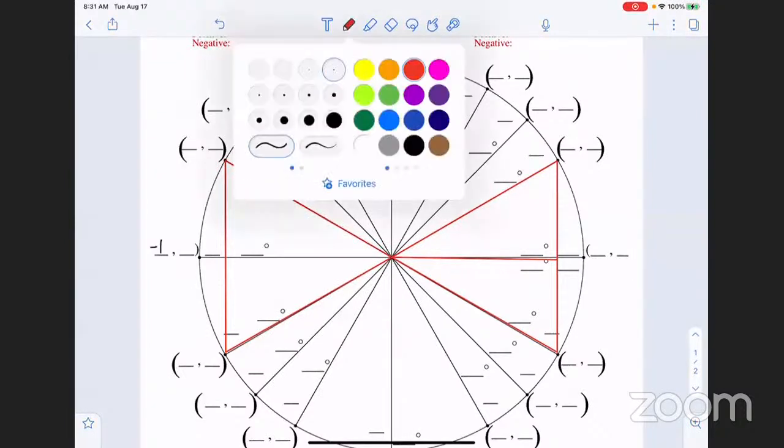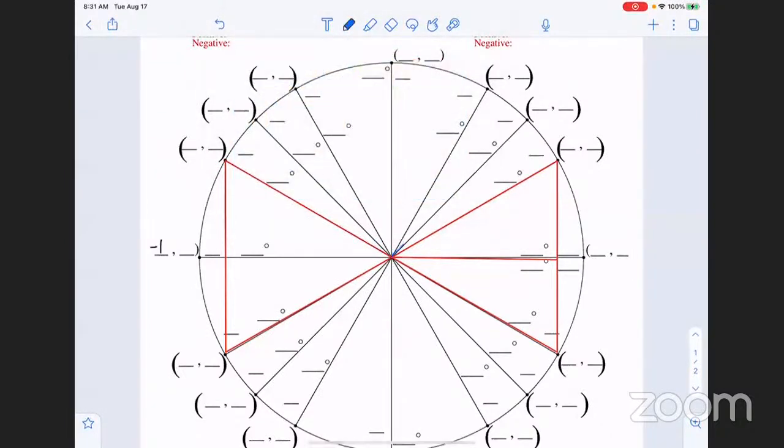And there was another blue one, at 45 degrees.